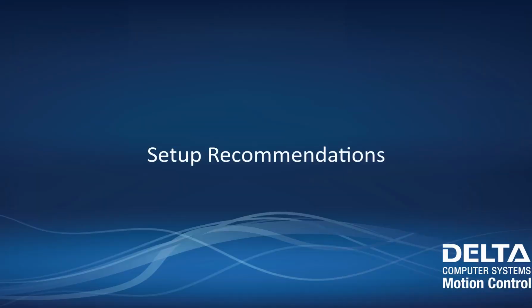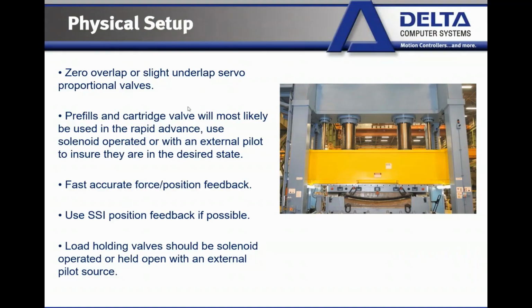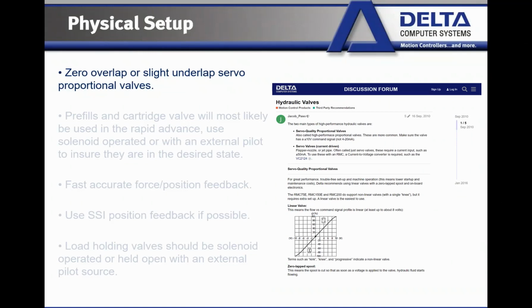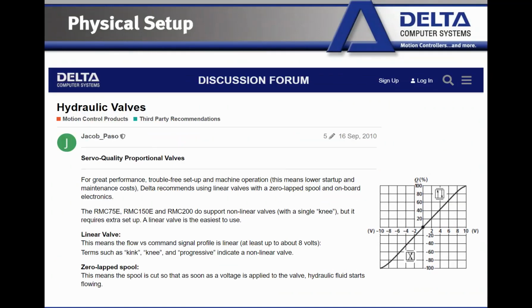Okay, here's a few recommendations from Delta as far as the physical setup goes. To have precise position and force control, we highly recommend zero overlap or slightly underlapped servo proportional valves. Having a valve like this is going to give us the best chance for success.